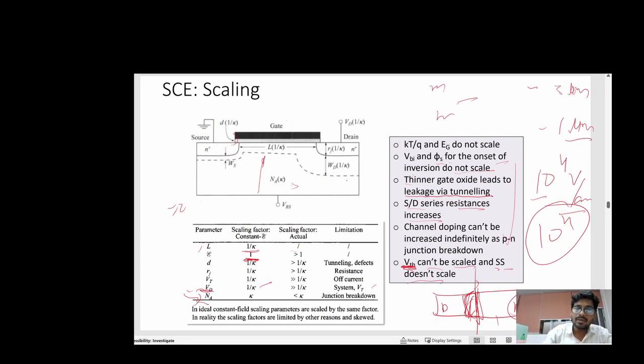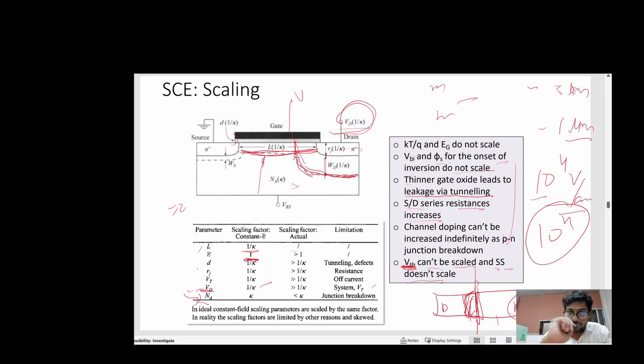Initially, without any voltage at the source and drain, there will be some flat depletion region. As you apply the drain voltage at this point, there will be some depletion region in this one. So that depletion region without the gate was supposed to be like this, right?